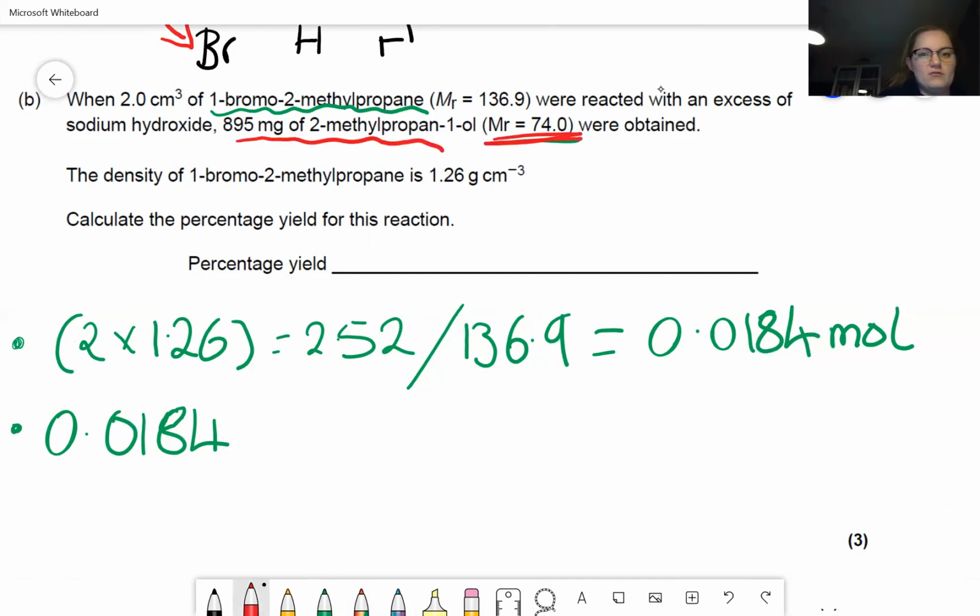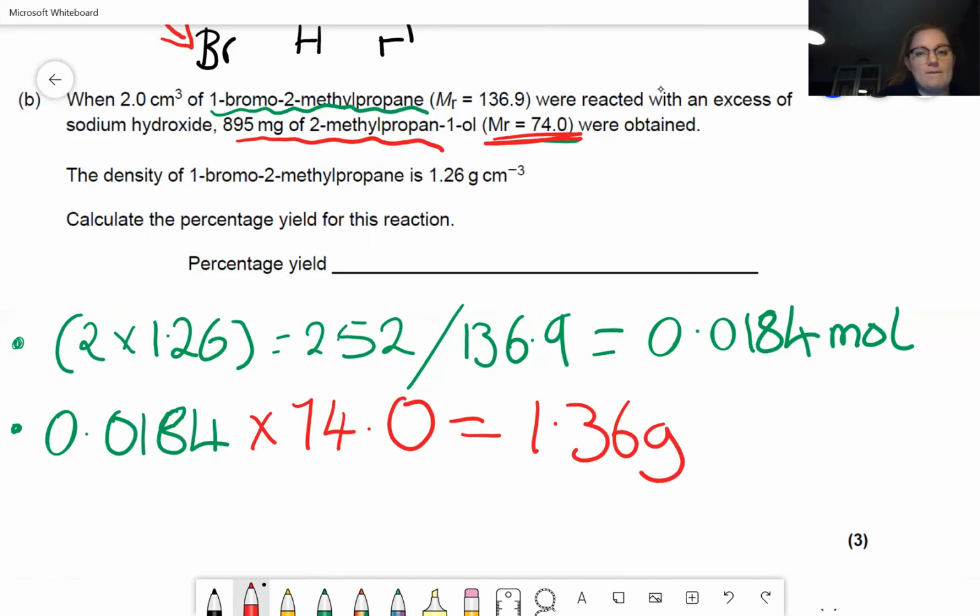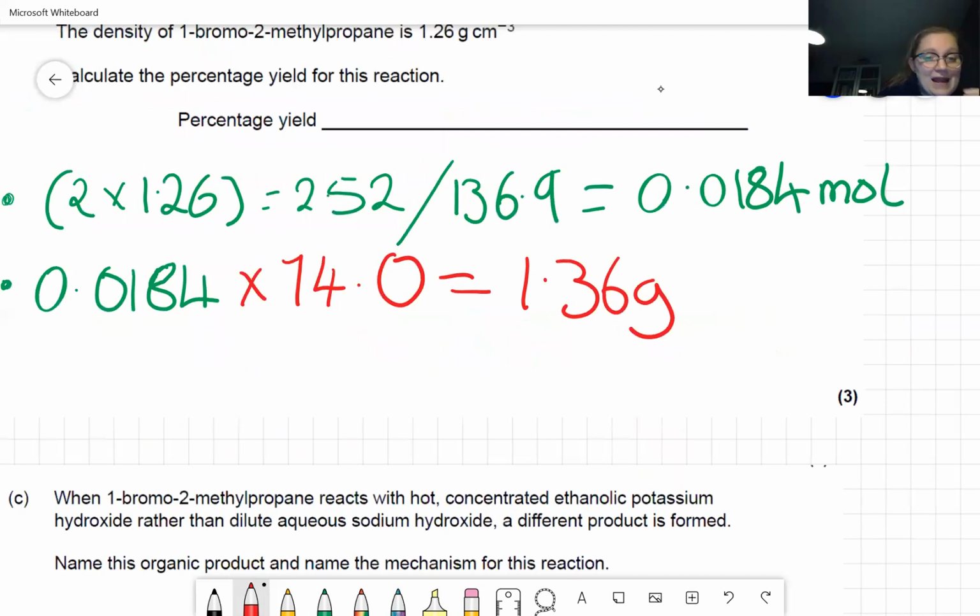So 0.0184, which is our moles, we're going to multiply that by 74.0, and that will give us 1.36 grams. So that is our expected grams for 2-methyl propan 1-ol. Okay. Last stage for this now is to look at our percentage yield.